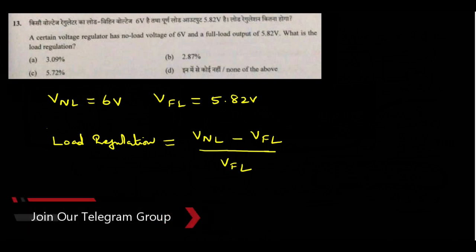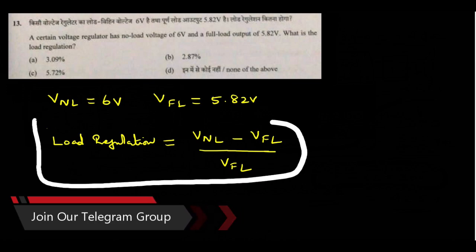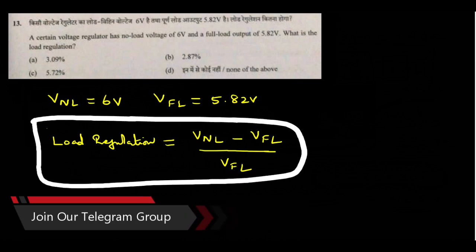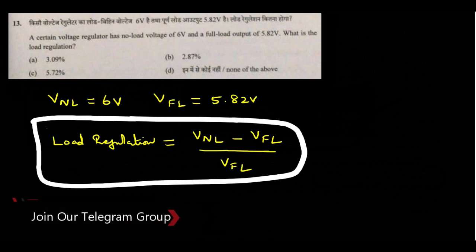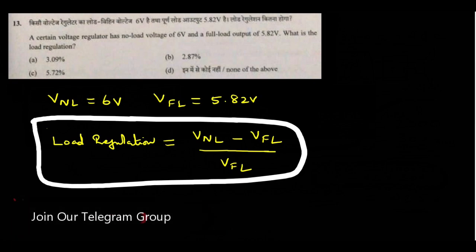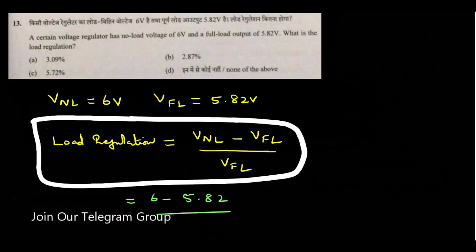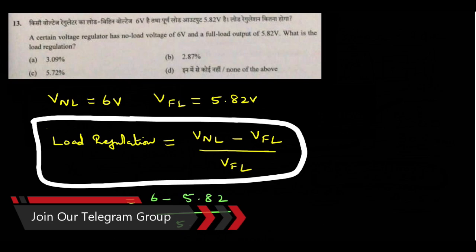This is for a voltage regulator. If it is for a transformer, there is a difference. Then in the denominator it is V no load. So let's solve it. If we put the values, we get 6 minus 5.82 upon the full load, 5.82.